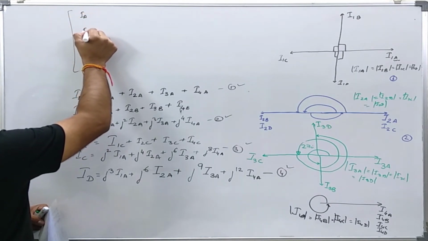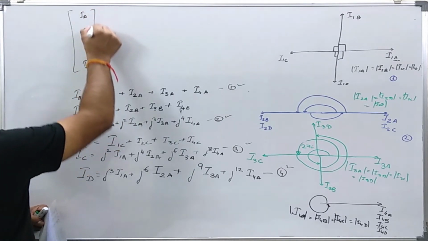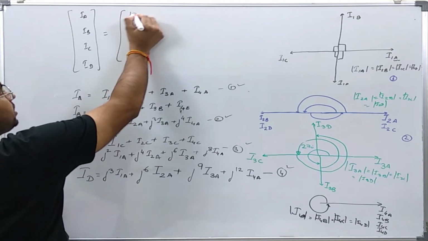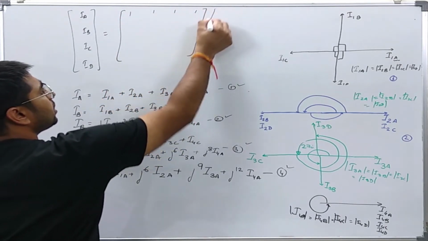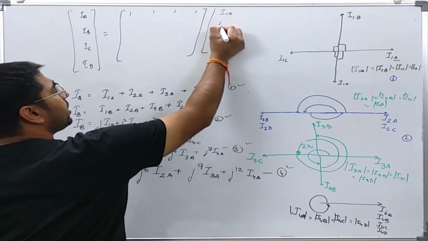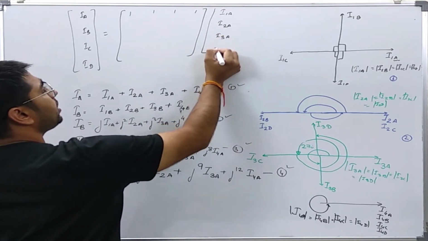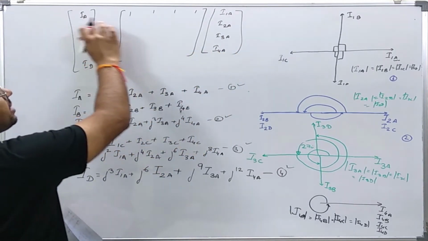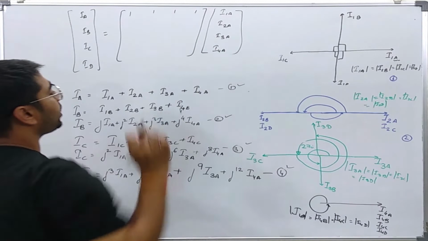IA, IB, IC, ID can be written as 1, 1, 1, 1, times I1A, I2A, I3A, I4A. You can see that IA is nothing but I1A plus I2A plus I3A plus I4A.